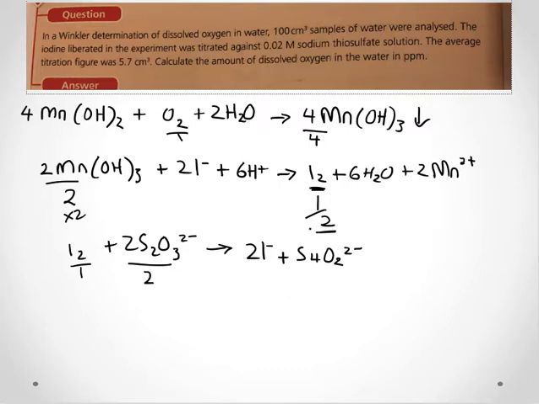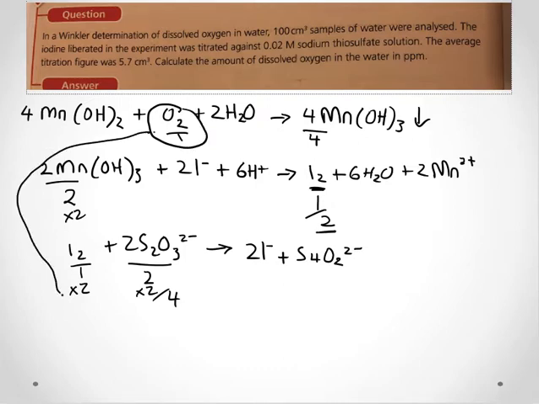So if we have 2 iodines coming through from this, we're going to multiply that by 2, which gives us a 4. So what is our overall reaction ratio? We start with 1 oxygen and indirectly it is reacting with 4 of our thiosulfates. And we're going to use that to fill in our V1M1N1.